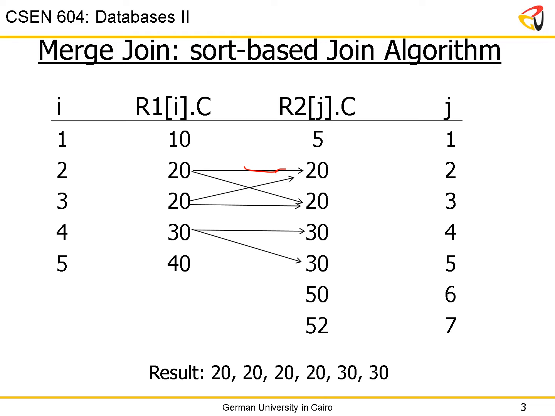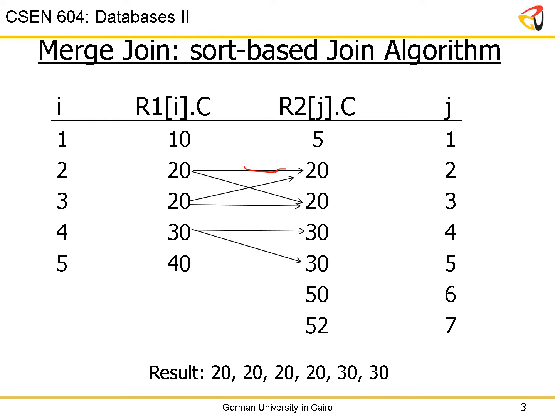In other words, we cannot just increment I and j down the columns, and when we find a match, include it. When I find the first 20, which is at row number 2 in R1.c, and I find the 20 in R2.c, I match the 20 with the 20.